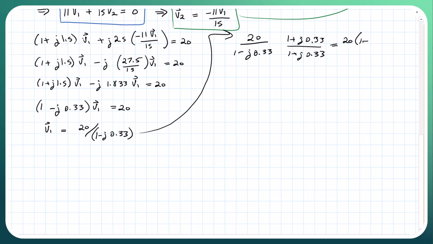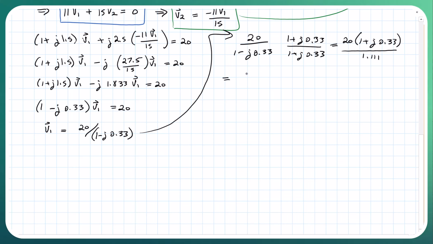That's going to give us 20 times (1 plus j0.33) over 1.111. Okay, and rewrite this some more.